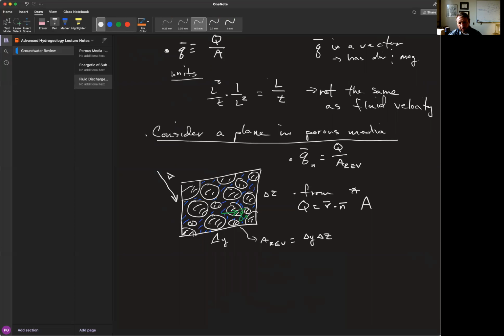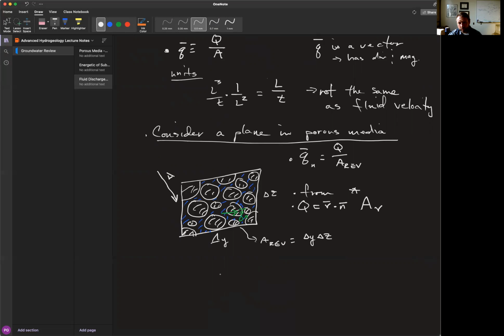I can't flow fluid through sediment grains. So my discharge will only be across my void volume. All right, fluid can only flow across my void volume. So I get this V times the normal vector, n bar, times the area of my voids.